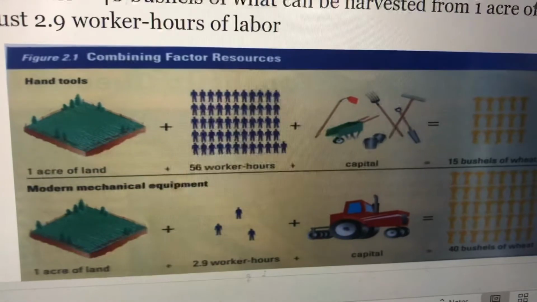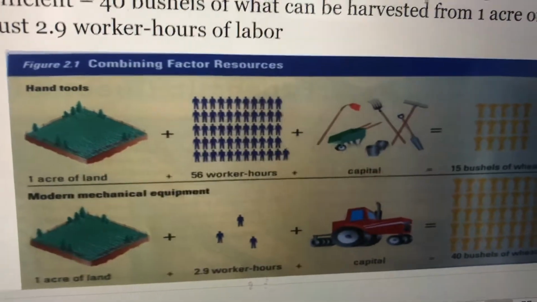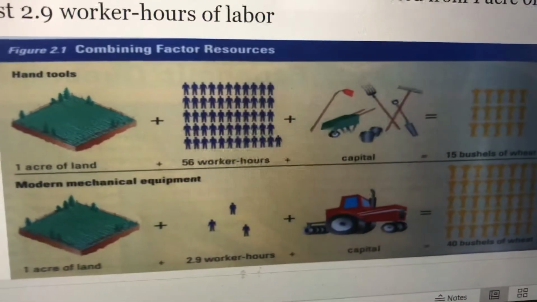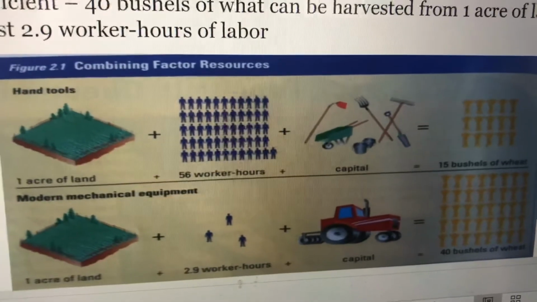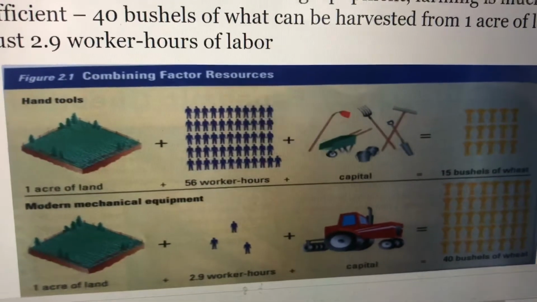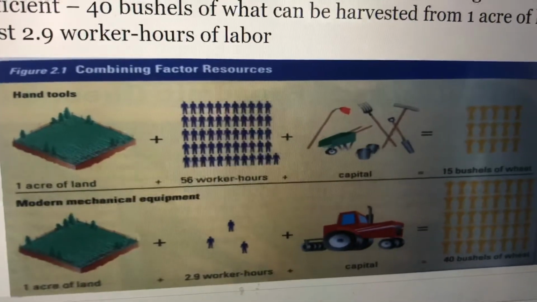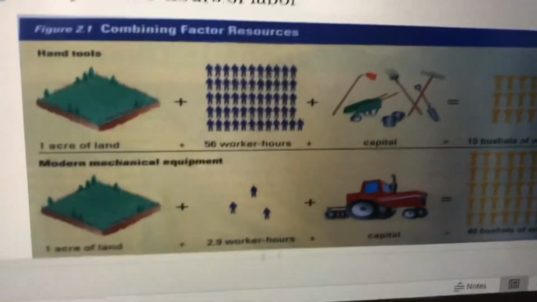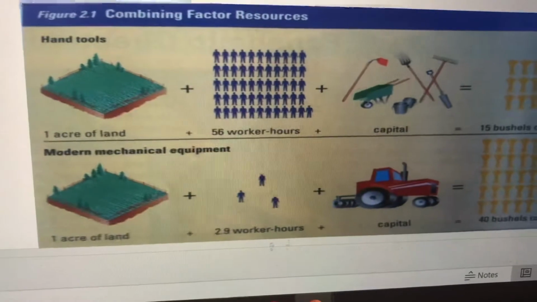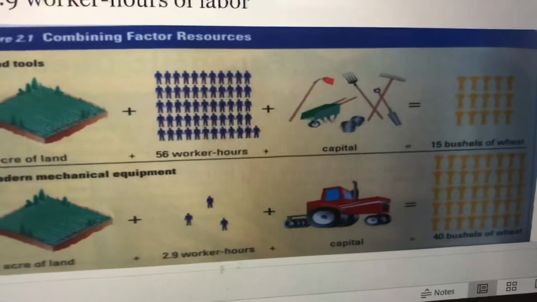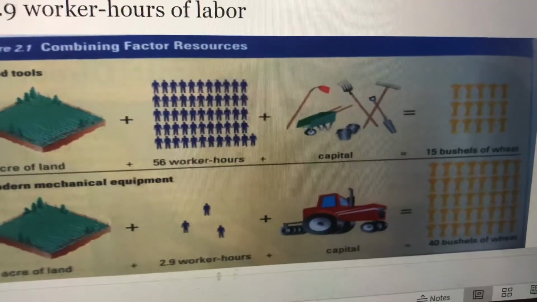If you have the same acre of land and you only have hand tools available versus modern tractors and tools, that acre of land is going to take 56 worker hours compared to 2.9 worker hours when you have the capital of those tractors and those tools, and your output is also going to increase, right?